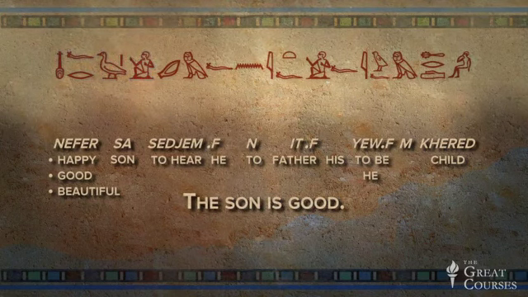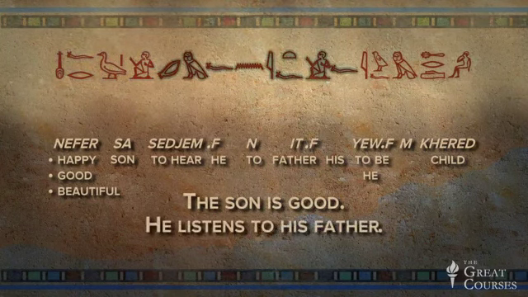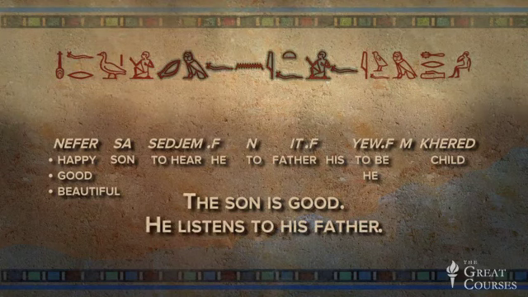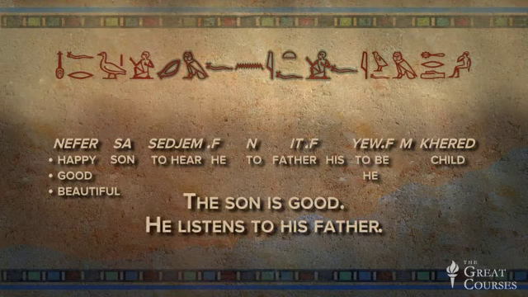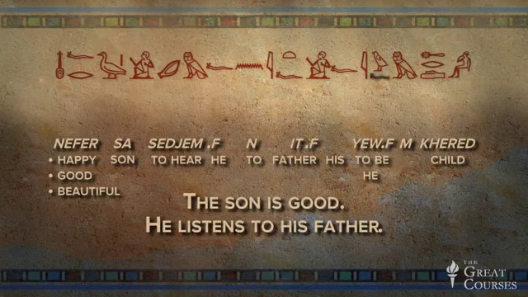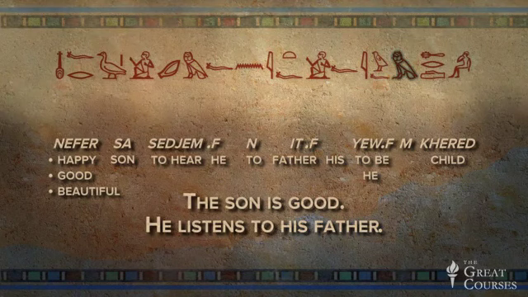What comes next? He listens to his father. That's another sentence. And we're sure of that because it's followed by a verb, is. We can see it's he is because we have a viper suffix. Now the problem is the owl. What's it doing? What follows is the word for child.